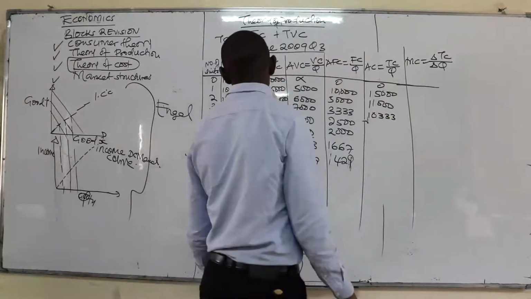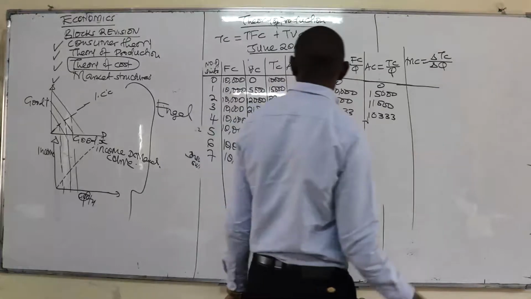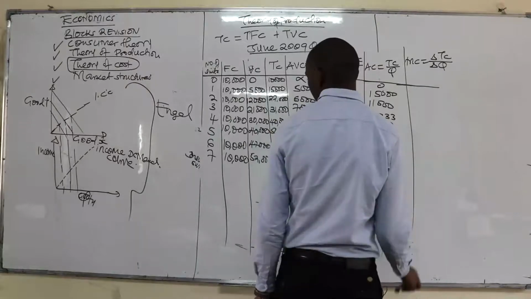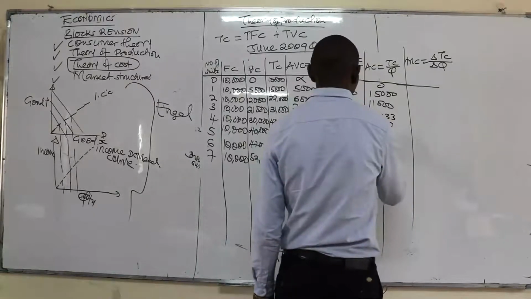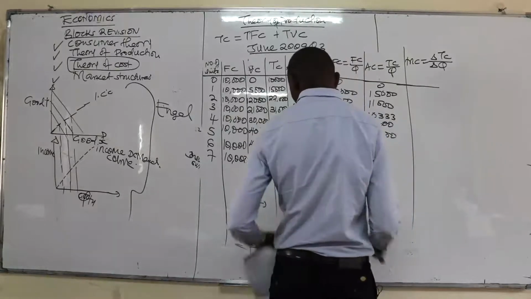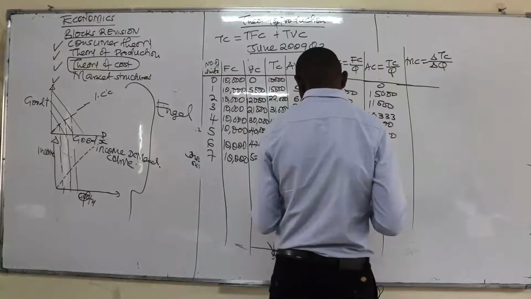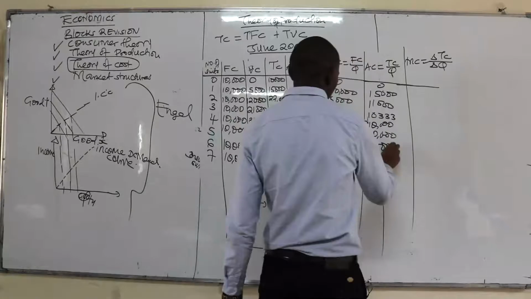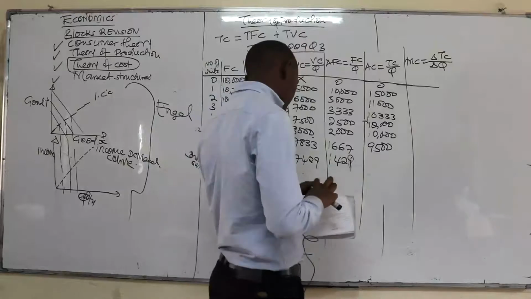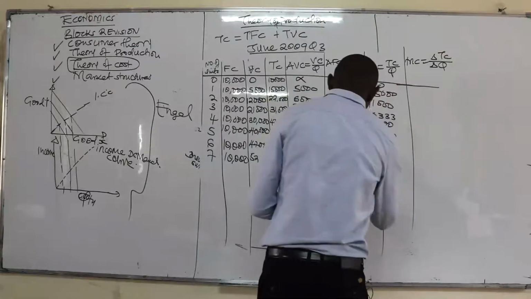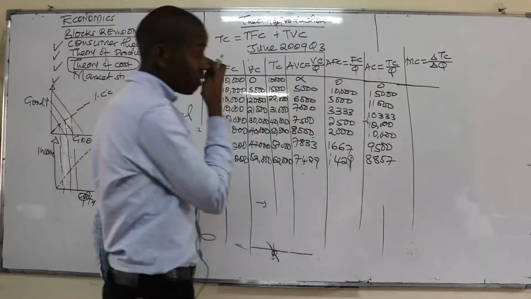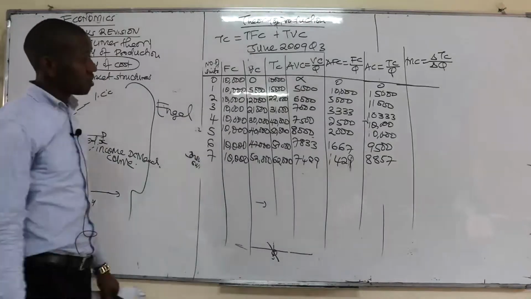Another one is 40 you divide by 4, which is 10. 50 you divide by 5, that is 10. Other one is 57 you divide by 6, which is 9.5. And then the other one is 62 you divide by 7, which in that case is 8.857.